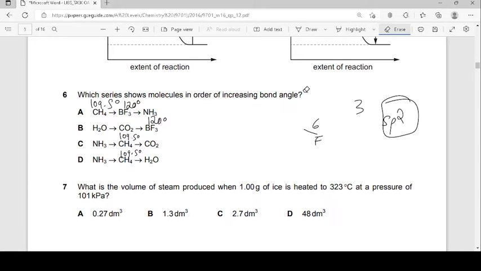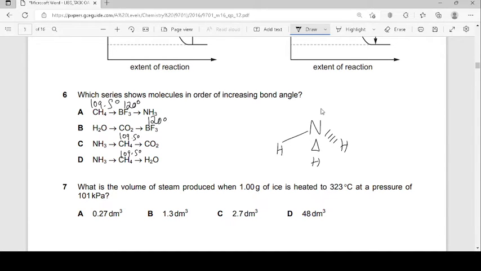Now you look at NH3, and nitrogen is in group 5. Perhaps it would be better if I draw it like this. You have your wedge here, and you could draw this on the other side as well. Anyways, you have a lone pair here. You have 5 electrons in the valence shell, and 3 of them are involved in bonding.